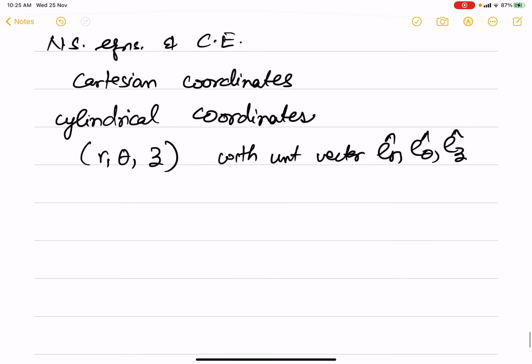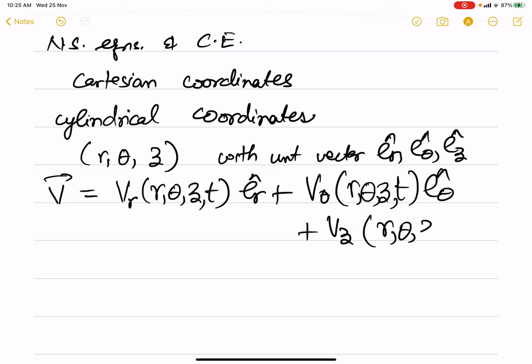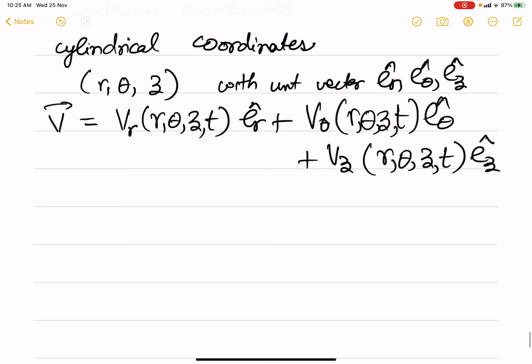Now in these coordinates, the velocity vector is written as Vr, which is actually a function in the general case of all these, (r, theta, z, t), er, plus V theta (r, theta, z, t) e theta, plus Vz (r, theta, z, t) ez. Let me just try to familiarize you with some of these aspects of the cylindrical coordinates.